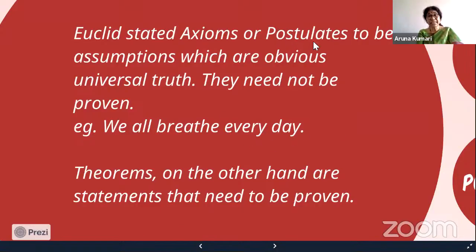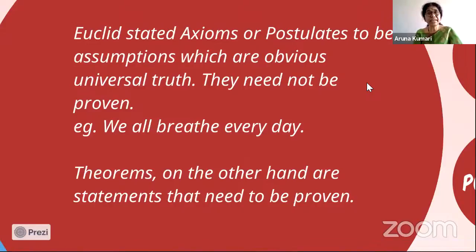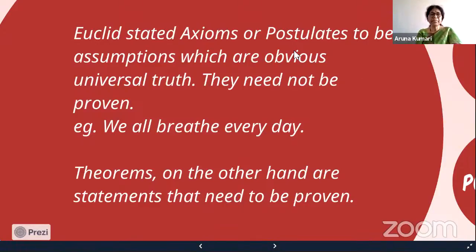Then what is a postulate? If the names are different, some difference should be there. Otherwise, what is the need for two different words? So here, axiom means universal truth. The sky looks blue.